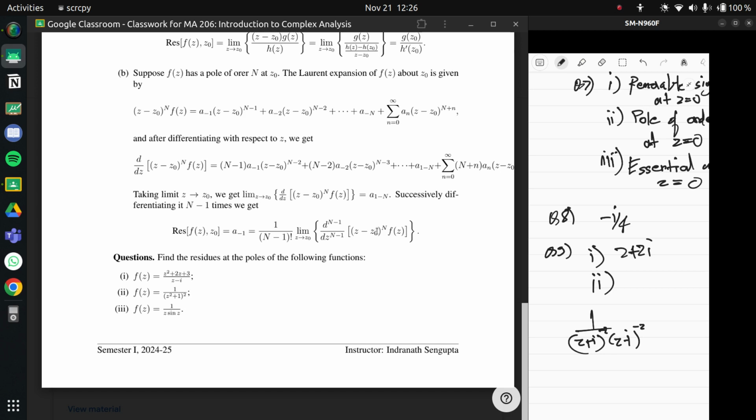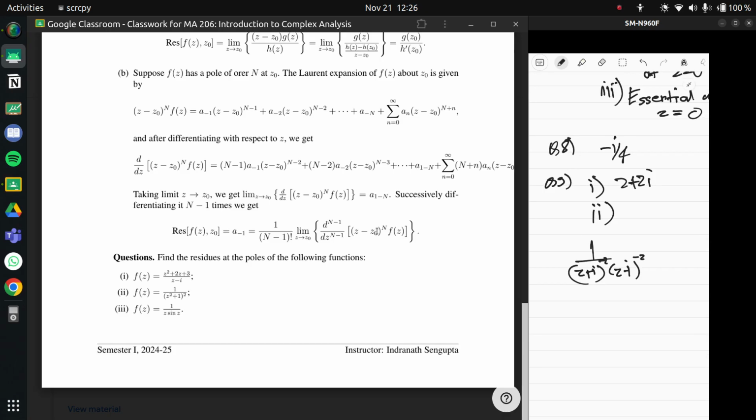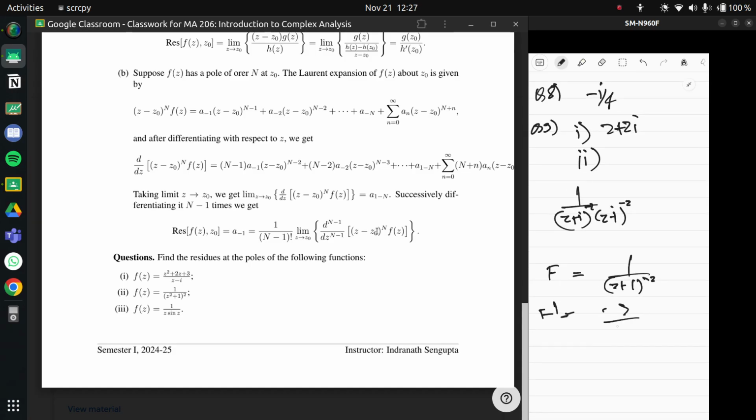That's going to be the residue. Let's call z minus z naught power n times f some capital F. So capital F is 1 upon z plus iota power -2, and F dash is going to be minus 2 upon z plus iota power -3. This is exactly what we did.